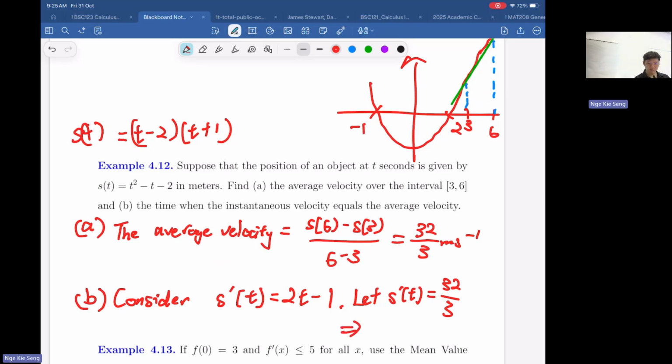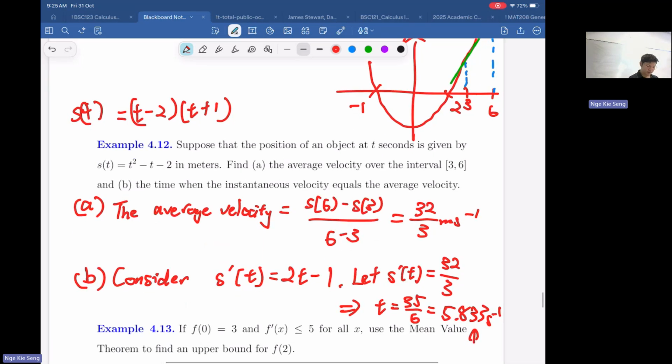From a quick calculation, you get t equals 35 over 6, which is around 5.8333. So it is safely in the region of 3 seconds and 6. This is the time. Makes sense. So this existence here is guaranteed by the mean value theorem.